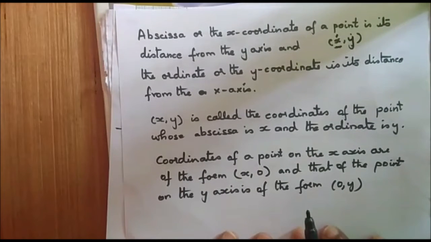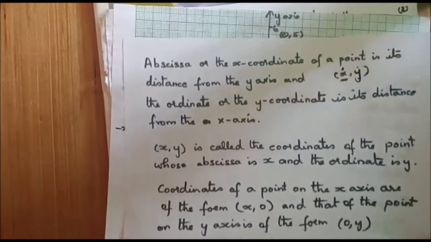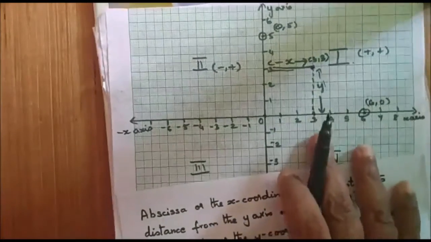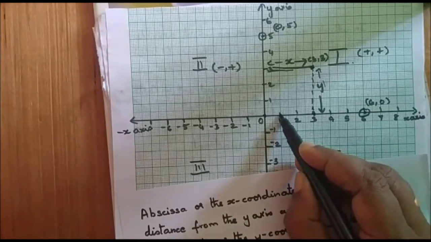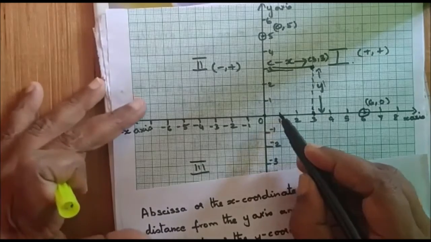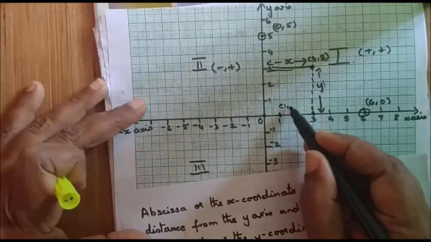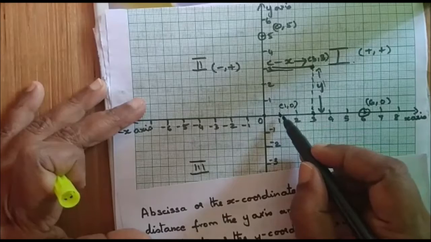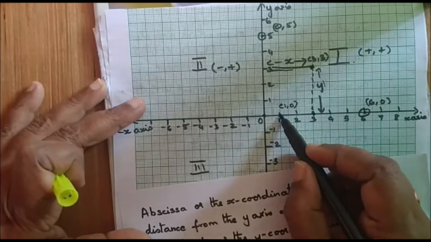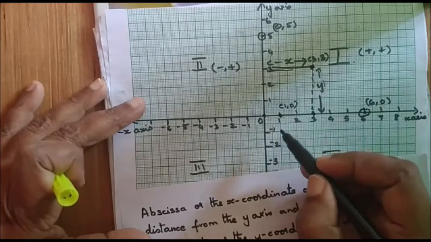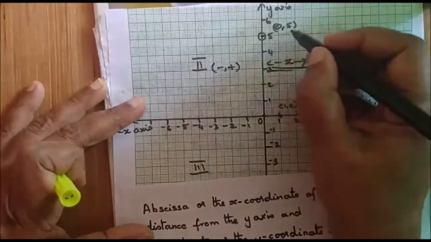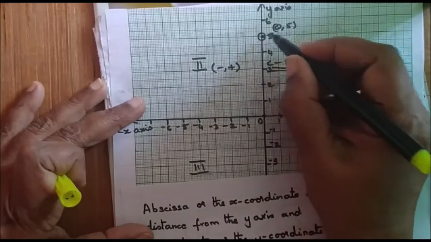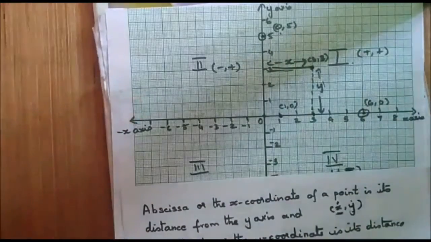Coordinates of a point on the x-axis are of the form (x, 0). Now let us take this point on the x-axis. What is the coordinate of it? It is (1, 0). That is, when a point lies on the x-axis, its y coordinate is 0. Similarly, if a point lies on the y-axis, its x coordinate is 0.